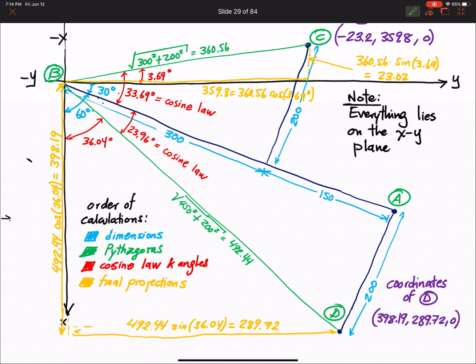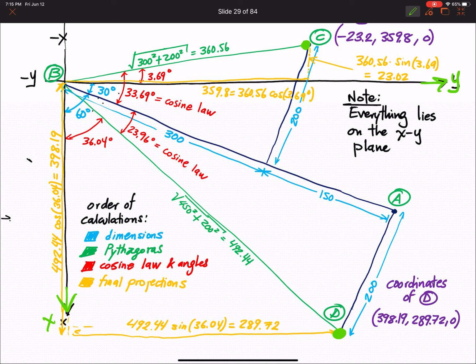If you take a look at it, this is the plan view of axes X and Y, as you see, X and Y axes right here, and this is your point D, and this is your point C. And these are all the triangles and all the calculations needed to find the coordinates.